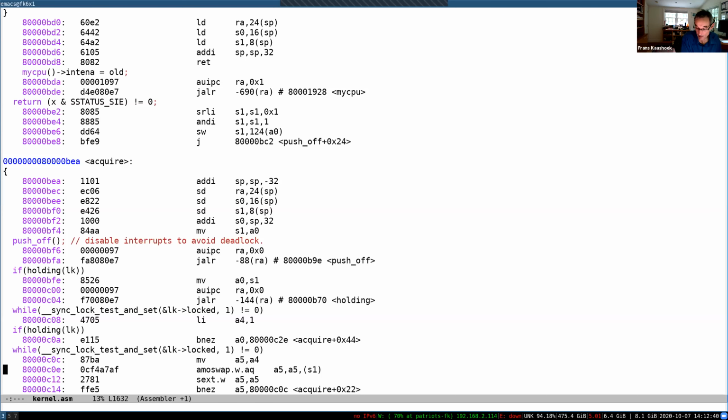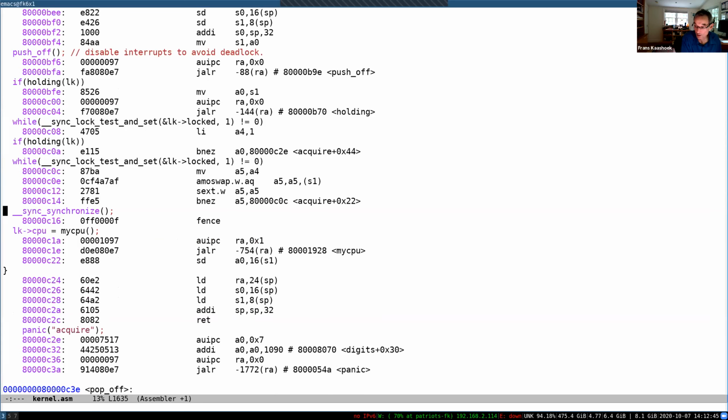If it's not equal, we return, and otherwise we jump back. Let me double check I'm saying the right thing here. Move A4 in 6. If not equal, we go to 0x20 plus 0x22. That's a little bit hard to calculate, but basically in one case we branch out, and in the other case we branch back. So this may be easier to just look at the C code.